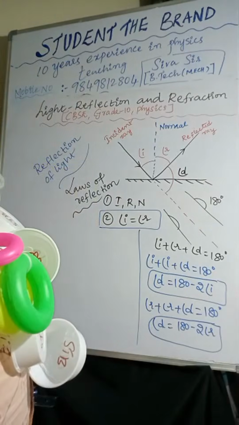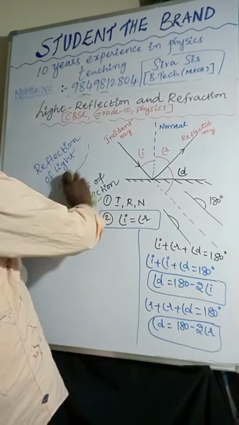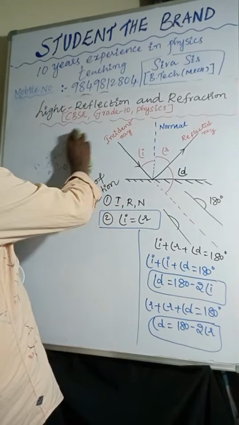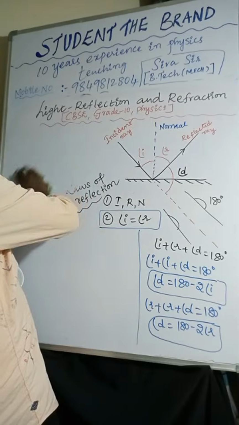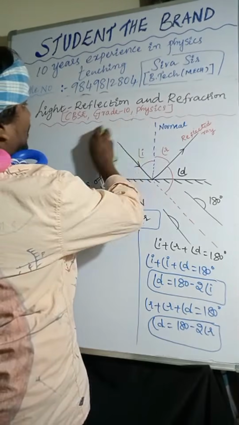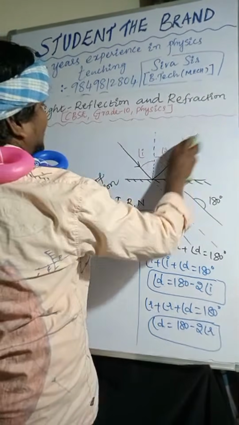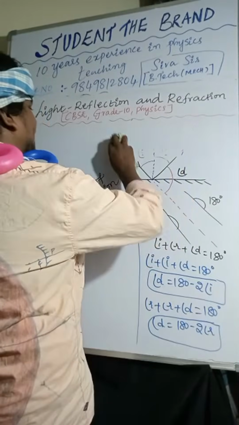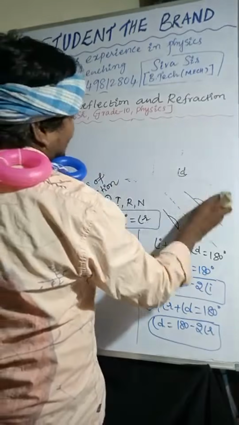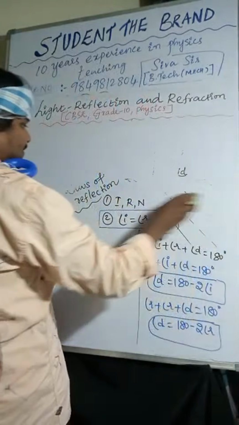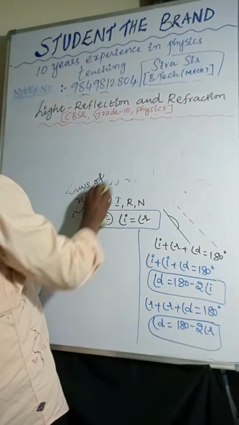Now we are going to discuss regular reflection and irregular reflection. That is about types of reflection.